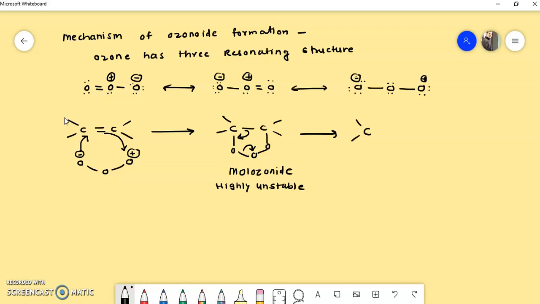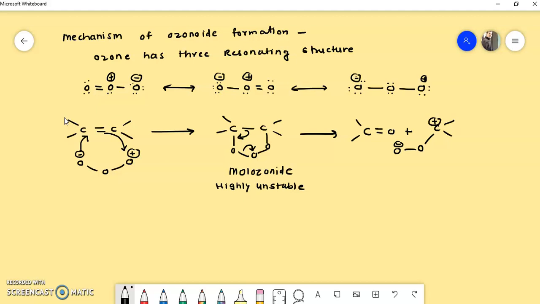Now you will find here that there is a formation of a double bond over here, plus you will get this carbon as it is. So oxygen, oxygen, this will carry a negative charge, and on this carbon there is a positive charge.